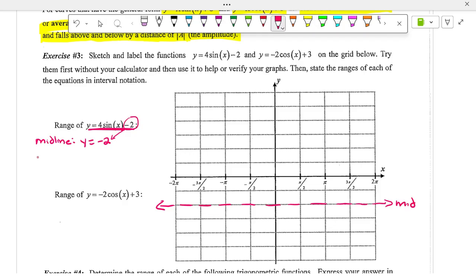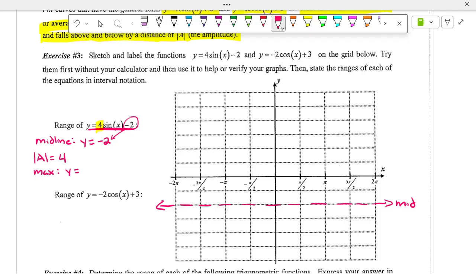Now, what's my amplitude? If I take the absolute value of my A value, that's my amplitude. What is it? 4. So I do that based off of this number right here. That's going to help me find my max and my min. What y value is my max at? You want to go 4 up from the midline.